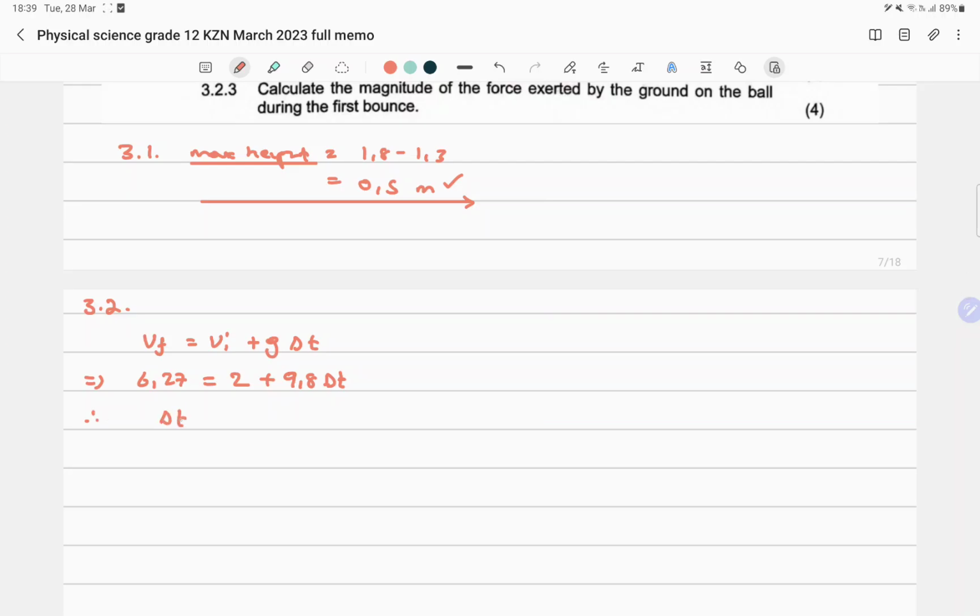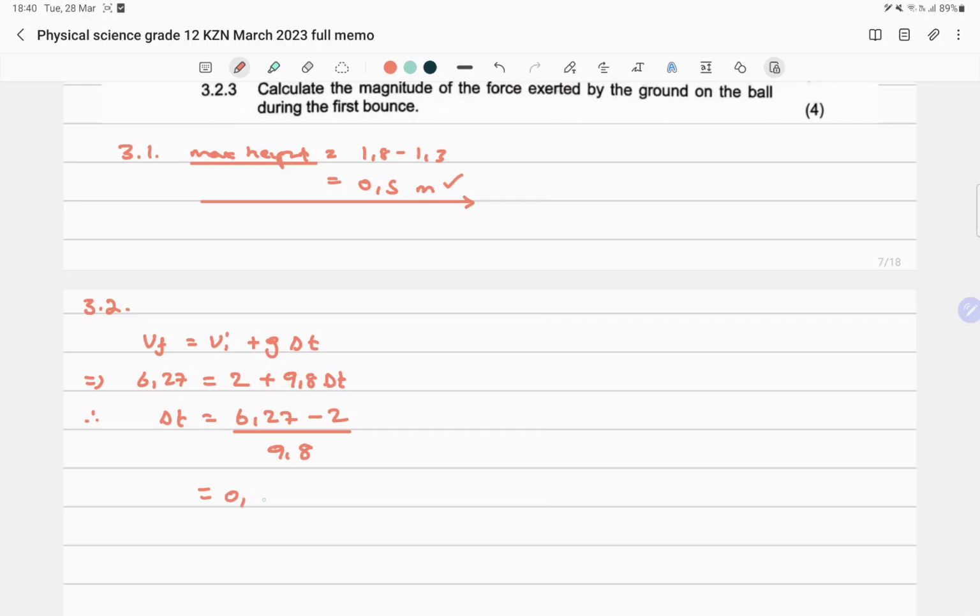Therefore delta t is going to be 6,27. You transpose the 2, you divide by 9,8. Always attempt to simplify your work so that it becomes easy to handle. 6,27 minus 2 divided by 9,8.